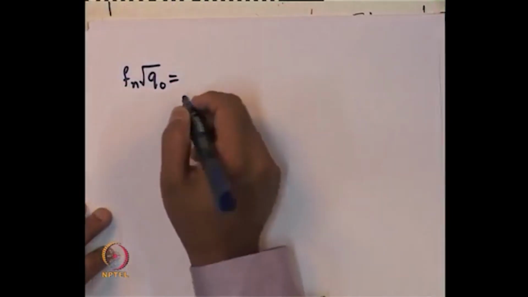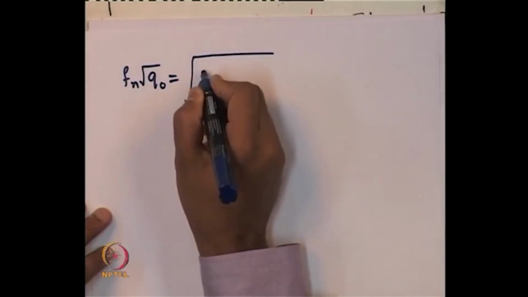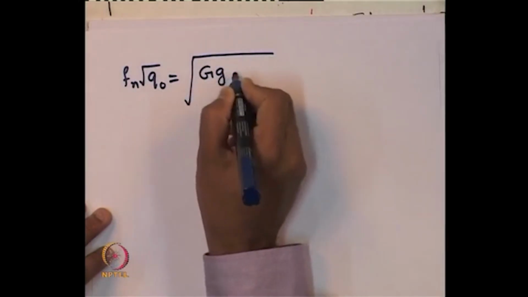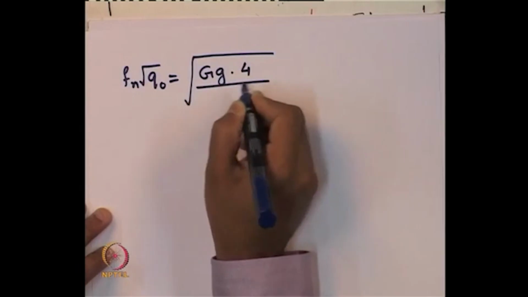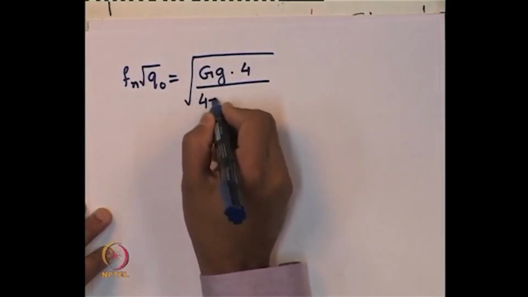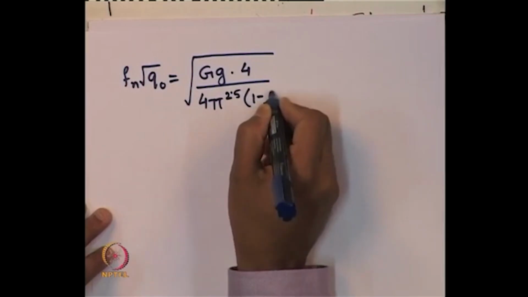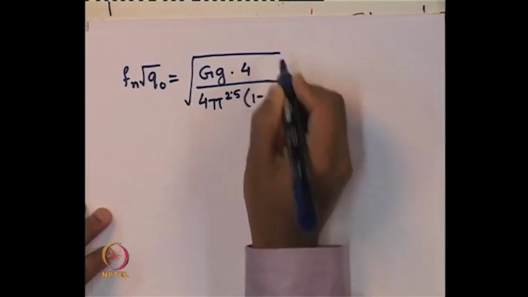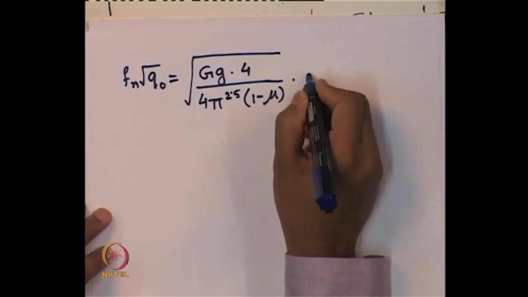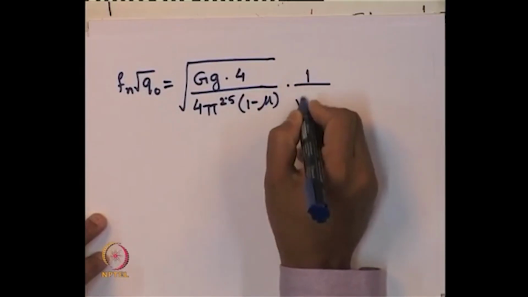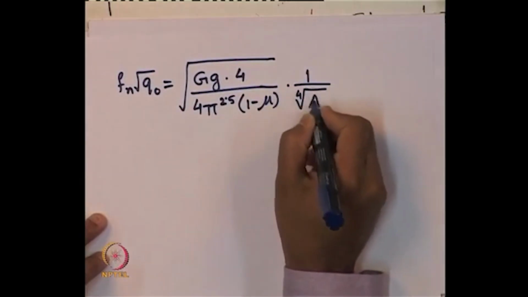Let us see. So, f n times root over q naught can be expressed as root g times 4 pi to the power 2.5 into 1 minus mu times 1 by 4th root of A.